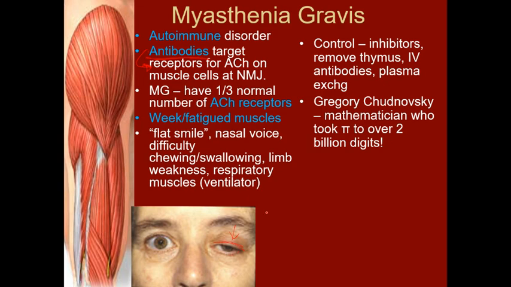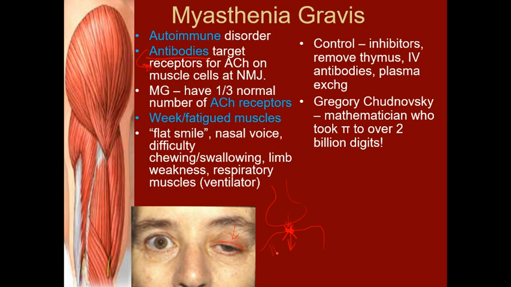So if you remember, here's my nerve cell, here's my muscle, and then I had these little proteins that receive the acetylcholine as it comes across. They have to have receptors that allow that acetylcholine to bind. And if the antibodies are destroying that, they're basically making that whole unit inactive. So it can't work.